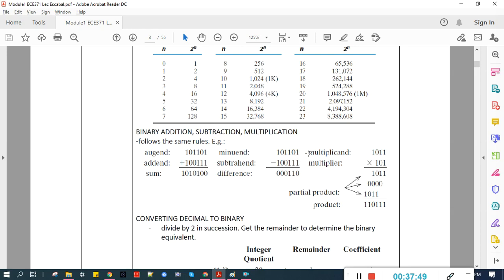So we can subtract easily. 1 minus 1 is 0, 0 minus 1, so we need to borrow 1, becomes 10 minus 1, that's 2 minus 1 is 1, and this becomes 0 since we borrowed. So 10 minus 11, then this becomes 0 since we borrowed, so the rest will be 0.